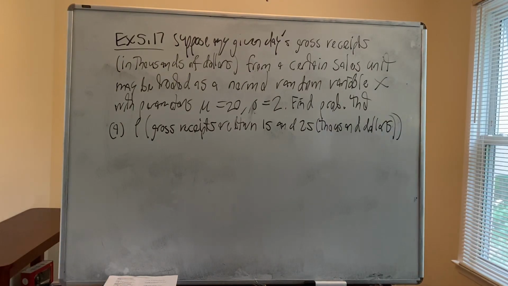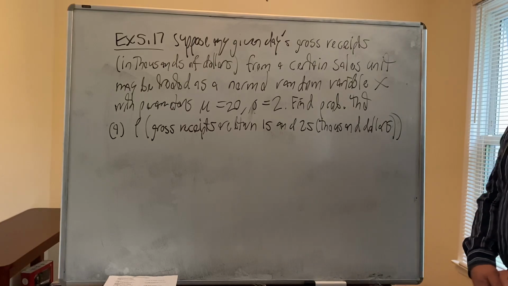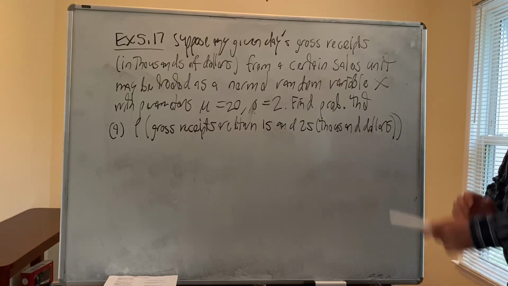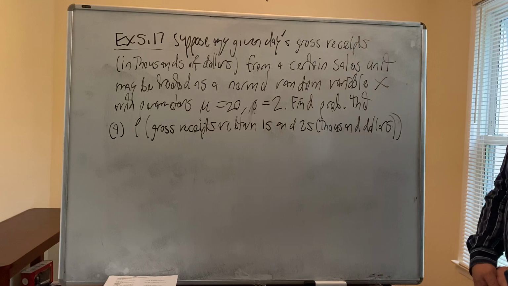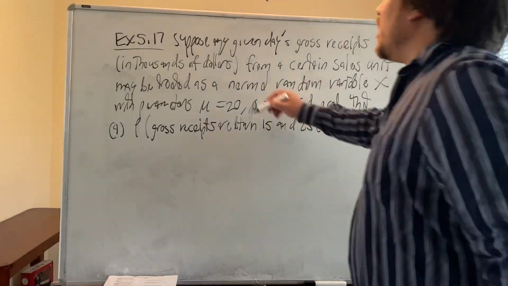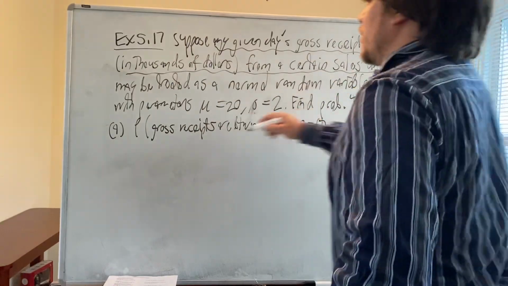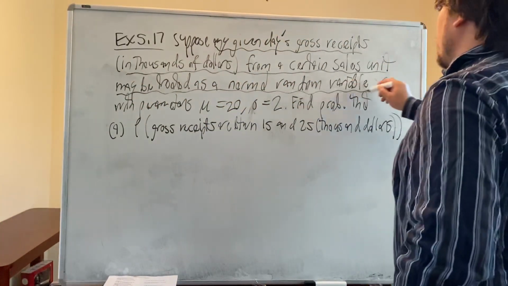So let's read the problem again. Example 5.17. Suppose any given day's gross receipts in thousands of dollars from a certain sales unit may be treated as a normal random variable X with parameters mu is 20 and sigma is 2. Find the probability. So capital X is any given day's gross receipts in thousands of dollars.